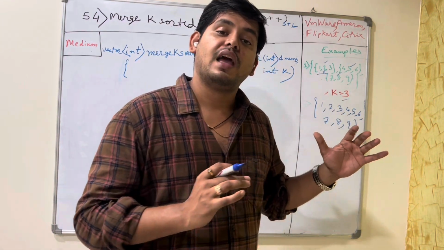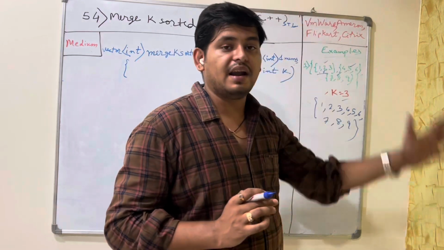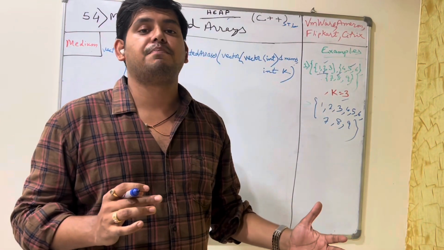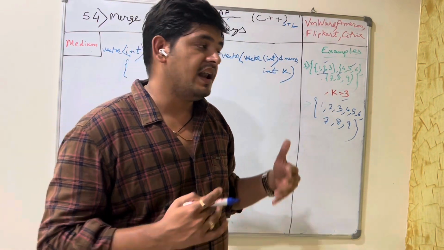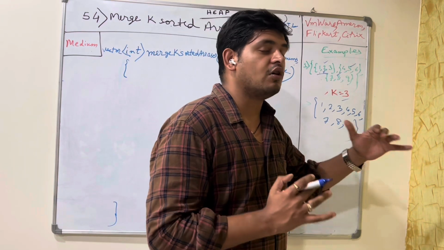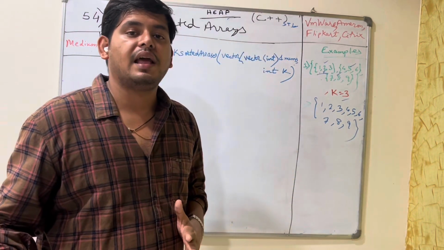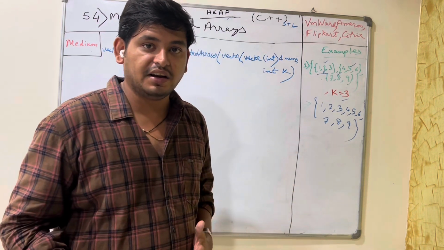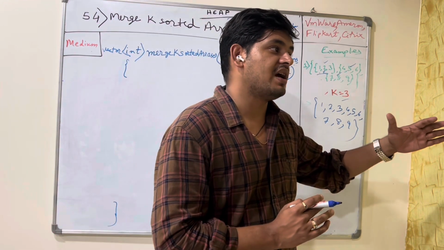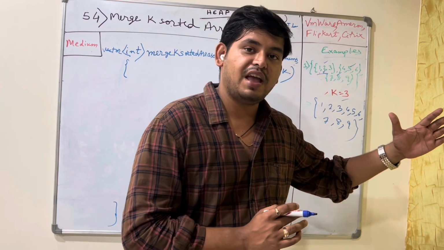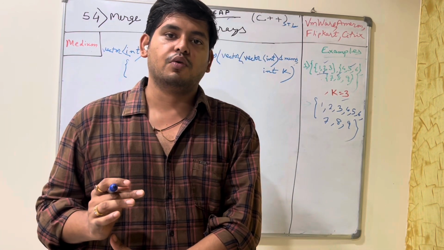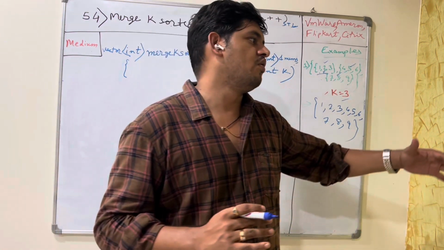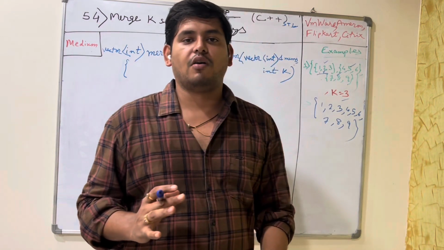So if we add all these elements to a priority queue, which is a min heap priority queue, then we extract all the elements and add them to a new array and return it. Then what would be the time complexity? Will the time complexity reduce? Once we have added all the elements to the priority queue, it will heapify automatically.